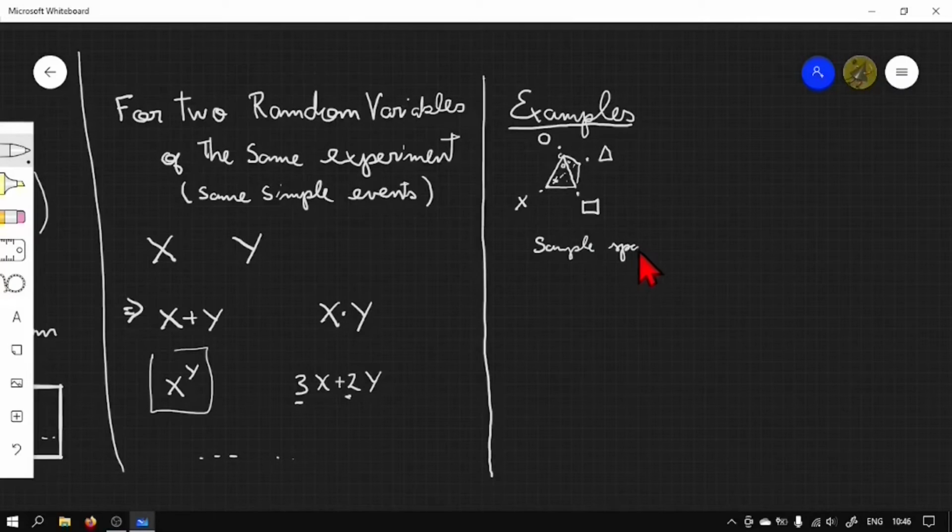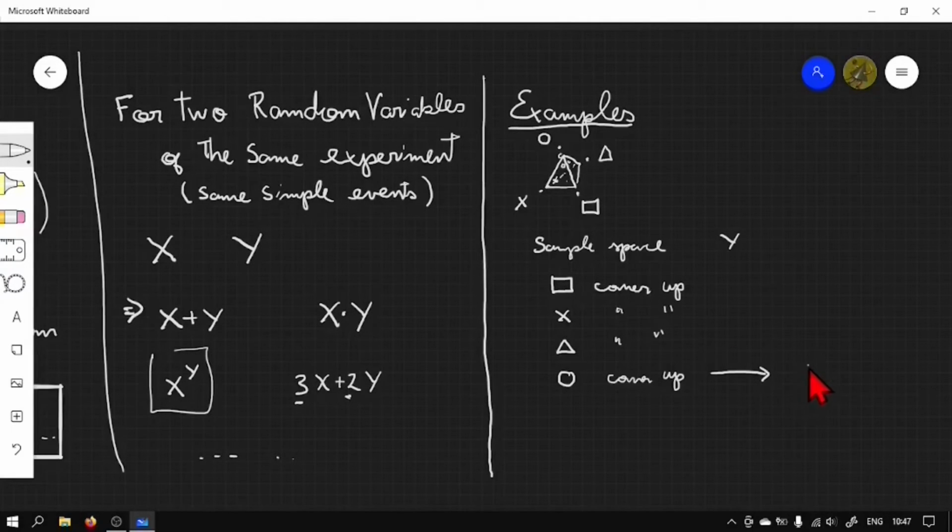And our sample space is, if we have the square corner, the X corner up, the triangle corner up, or the circle corner up. For each element of this sample space, we can assign a number. You can do it arbitrarily, and depending on the number you choose is one random variable or another random variable.